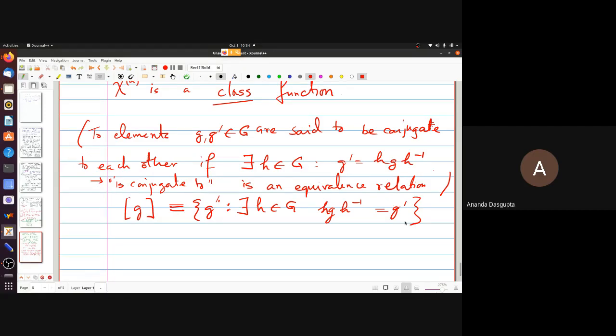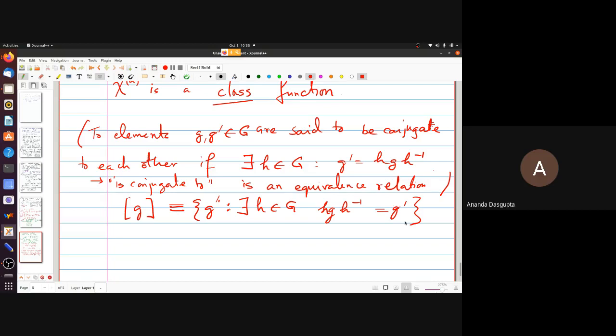And because there is a general property of every equivalence relation, equivalence classes partition a set, which means the entire group can be partitioned into classes. We have already seen another kind of partitioning of a group. That partitioning was in terms of the cosets, right?